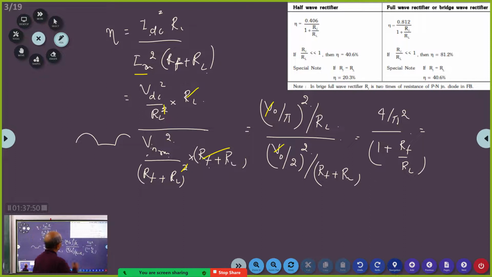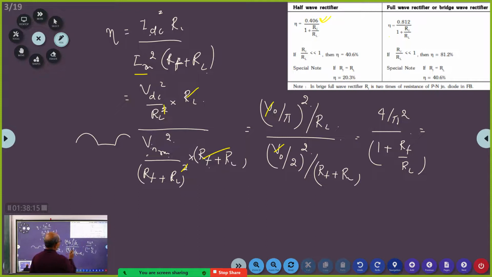Pi square is approximately 10, so 4 divided by 10 is about 0.4. So you will get efficiency as 0.406 divided by (1 plus RF by RL). This is for half wave.